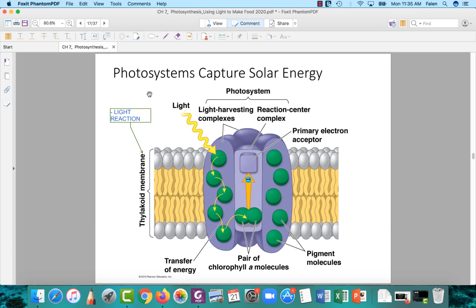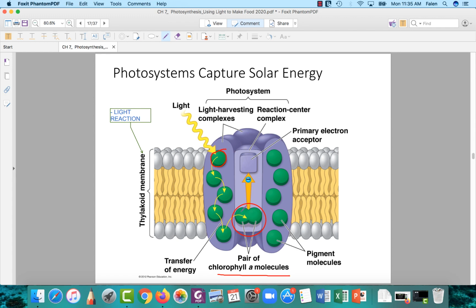Now, embedded into the thylakoid membrane, plants have something called a photosystem. Okay, a photosystem is this big protein, and it's embedded into the membrane. Notice you can see this is the bilipid layer. Not only is it a protein, it's a very specialized protein because it has pigment molecules. Pigment, pigment, pigment, pigment. And then it also has this very important pair of chlorophyll A molecules.